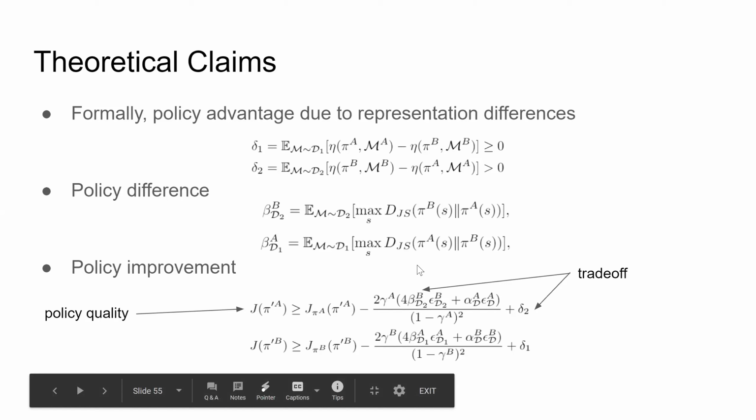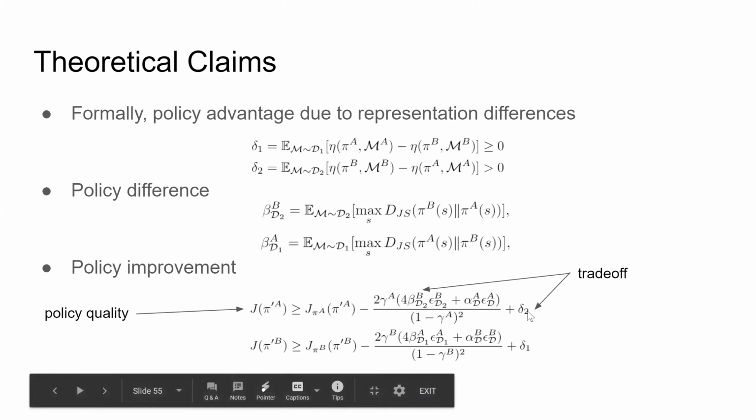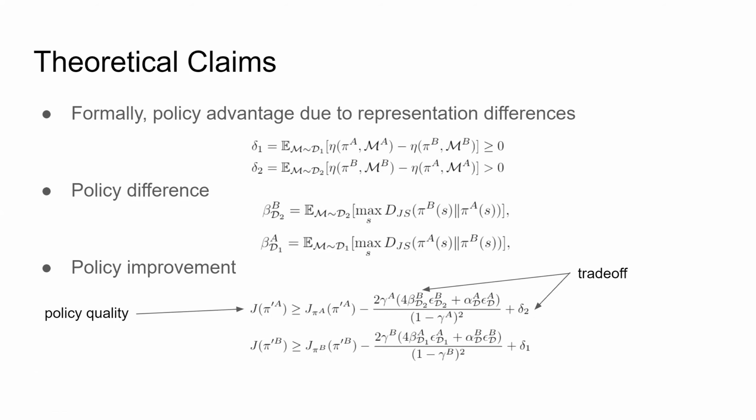I want to make sure the two policies behave similarly, even though they're operating using different information on the representations. While delta 2 here is positive, so I really want to maximize this term. This means I want the difference in difficulty on the two representations to be large, so that I can take advantage of the difference in difficulty to get a higher improvement bound on this policy learning system.